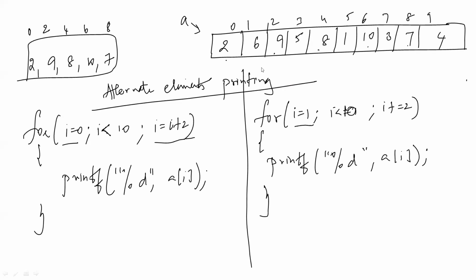What is your question? Single loop to read and print values. No, sir. If you use a single loop to read and print values, after you read the first value it will be printed, after you read the second value it will be printed, and so on.